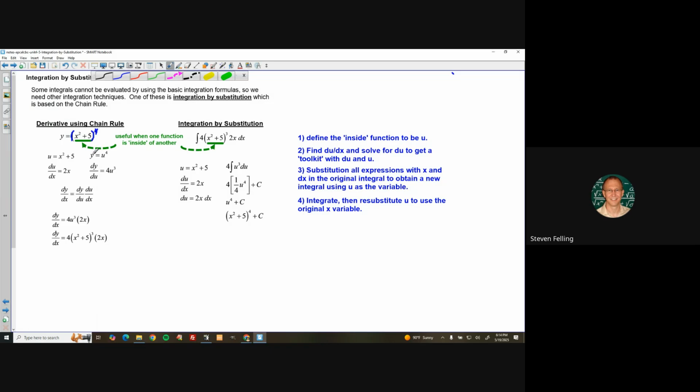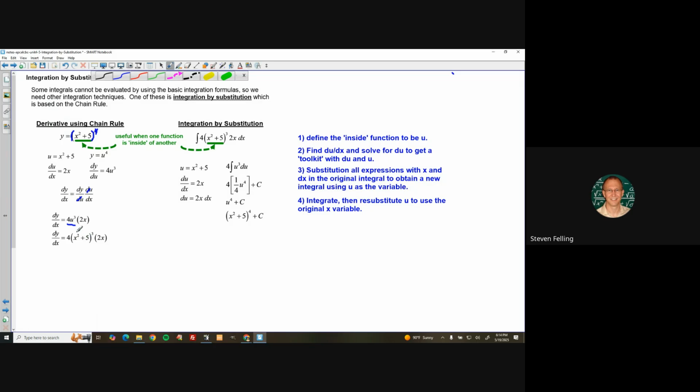Then you can rewrite this y function using that symbol u. This is now y is u to the fourth, so you can take the outer derivative, which would be labeled dy du, and that is 4 times u cubed. Then the chain rule says that if you want to find dy dx, then that's going to be dy du times du dx, because the du's would cancel out. The dy du part is the outside derivative, so here it is 4u cubed, but we just replace u with x squared plus 5.